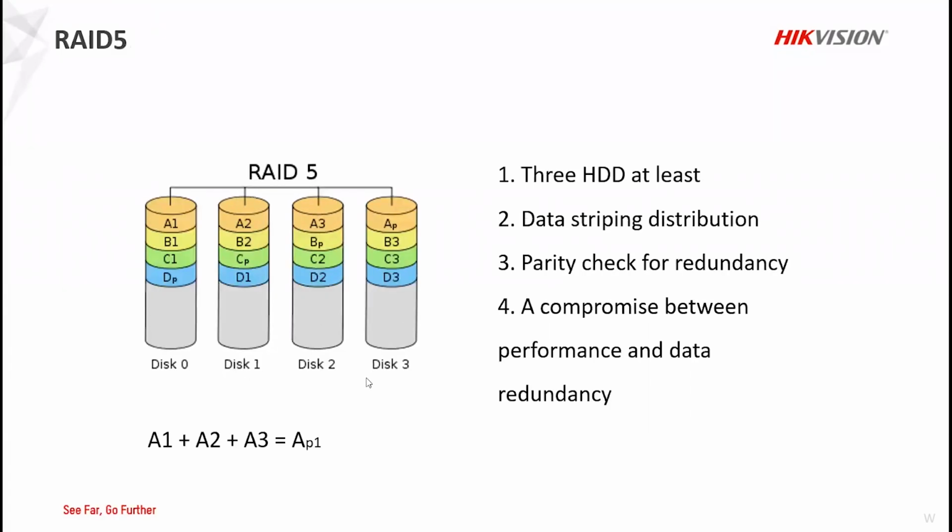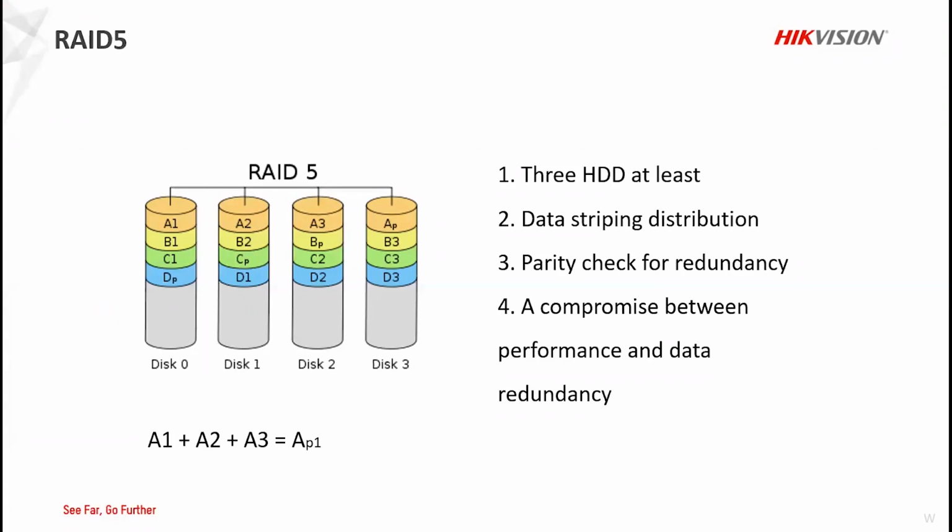Then the most common way is RAID 5. You need at least 3 hard disks. To do this, the data will be striped, and there's also a thing called parity. The parity will be checked from the striped hard disks. I will show in the next slide what the parity is and how it works.